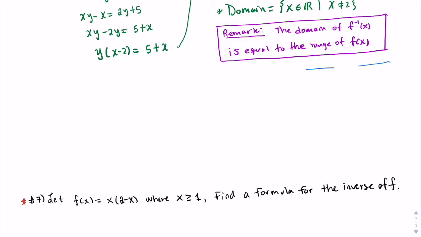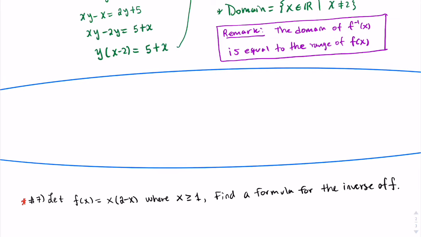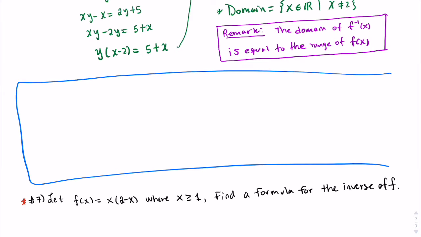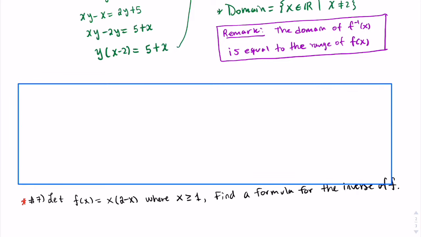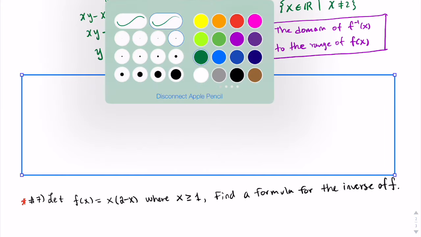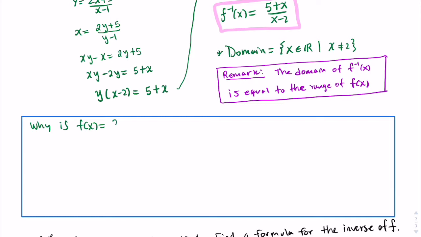Let me just put a box here. So, y is f of x equal to 2x plus 5 over x minus 1.